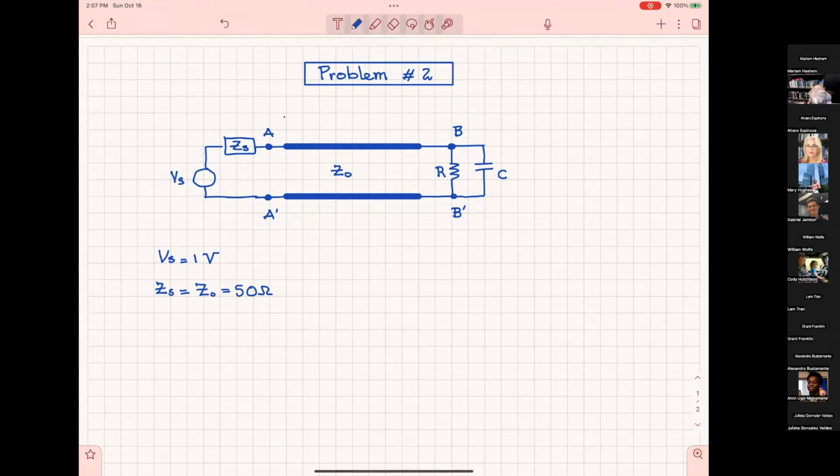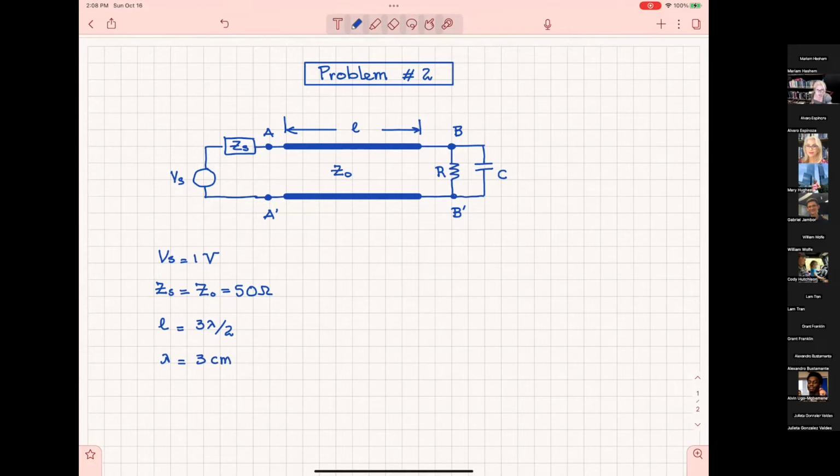Then I have the length of this line, L, and I give that L equals 3 lambda over 2, when lambda is, in this particular case, I can give you lambda to be 3 centimeters, all right?